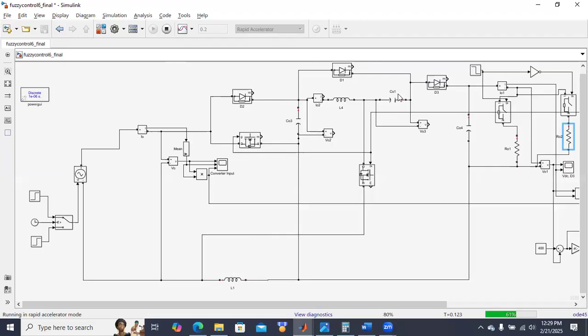That is to provide boosted voltage, that is, to increase the voltage conversion ratio. And this output capacitance is to reduce the voltage ripples. If there are any oscillations present in the voltage, that will be reduced using this output capacitance.